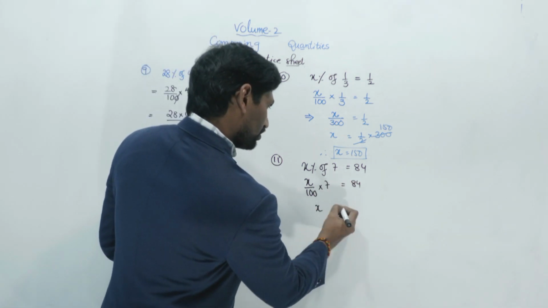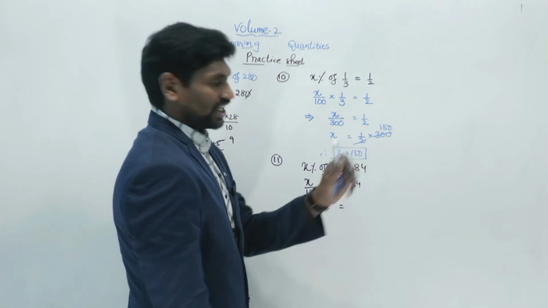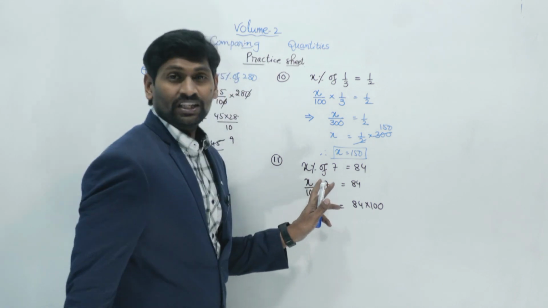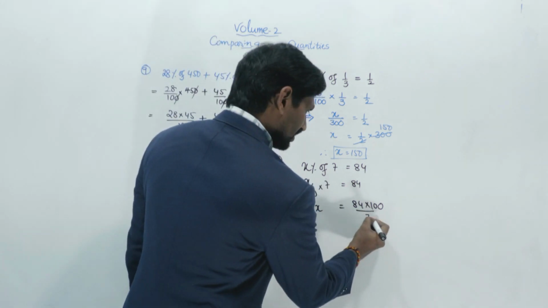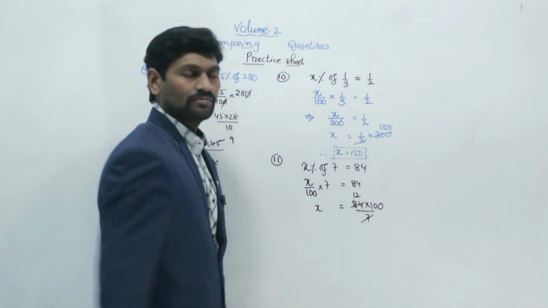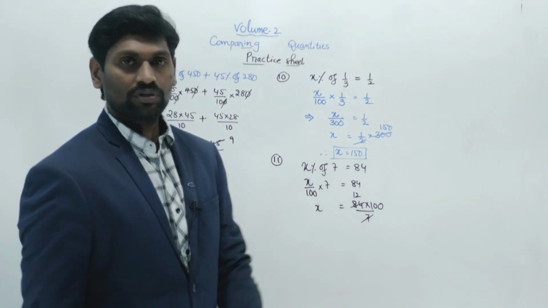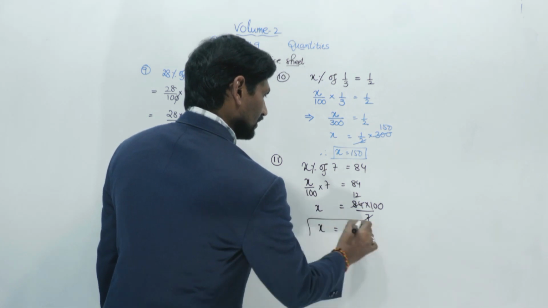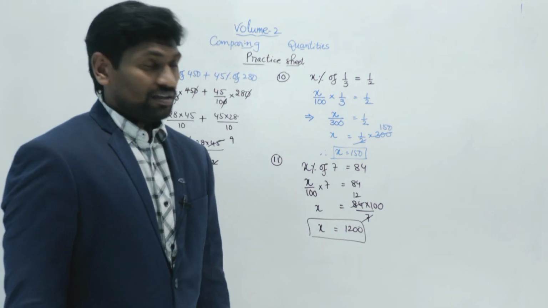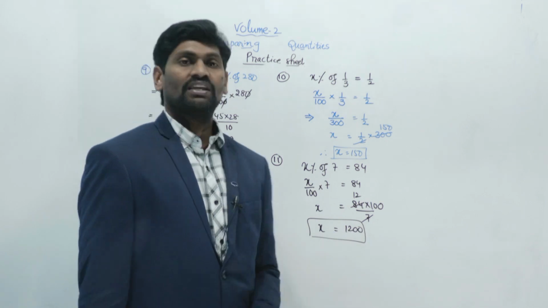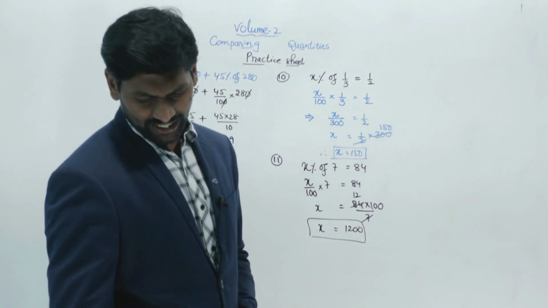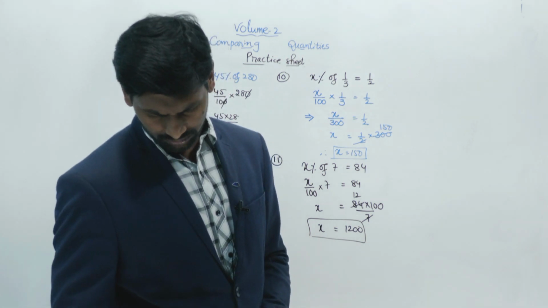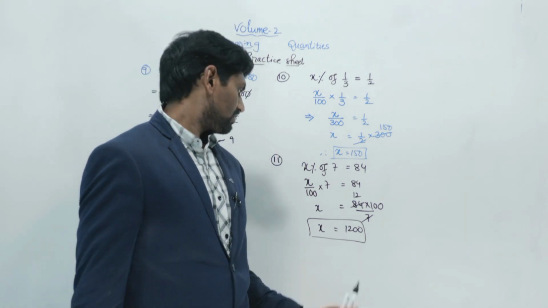Now x equals, 100 is dividing, so when you transpose it, it is going to multiply, and 7 is multiplying, so when you transpose it, it is going to divide. 7 table here, 12 times. 7 12s are 84. Now the x value equals 1200. Sorry, x percentage of 7 will be 1200, so simply 1200 percentage.